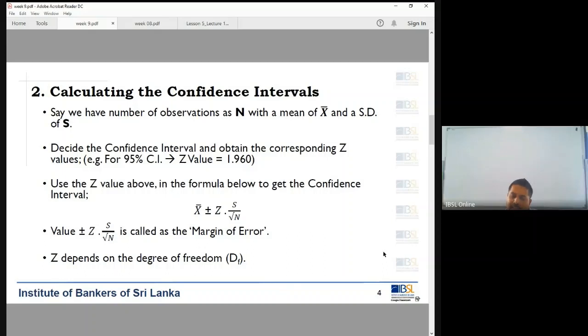The simple idea is that if you have around 30 or fewer observations, you will have a different set of tables, such as the student T distribution, to get a more accurate value for this Z value. But if you use a sample size of maybe 100 or 1000 or a significantly large sample, you can use the previous Z table that we learned in our previous probability discussions to calculate this 1.96 under a certain confidence level.